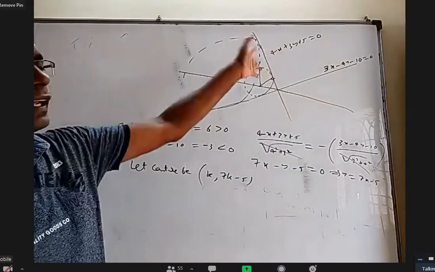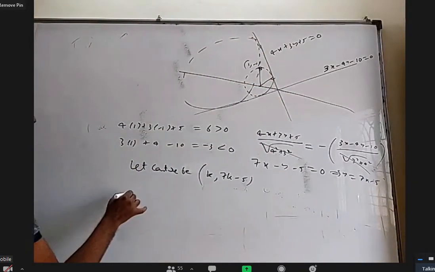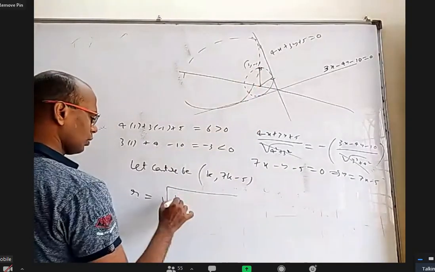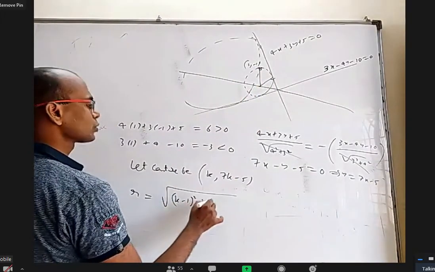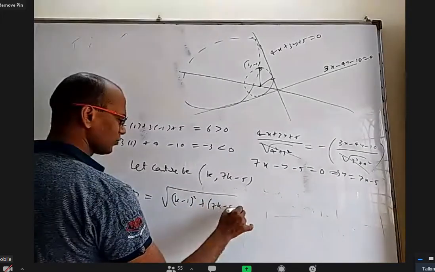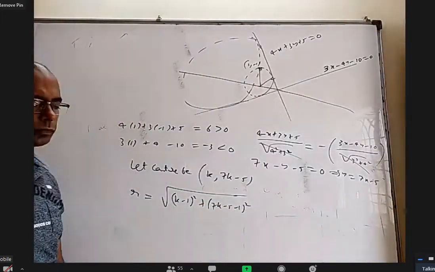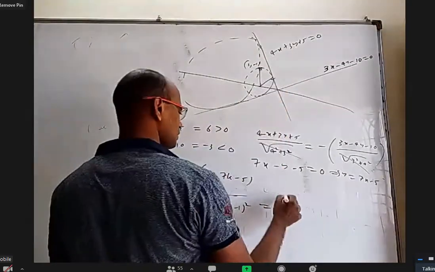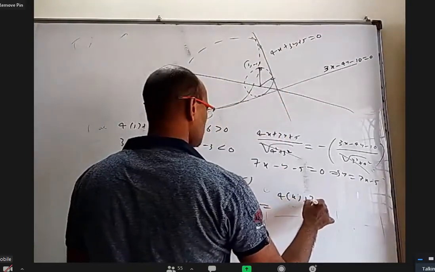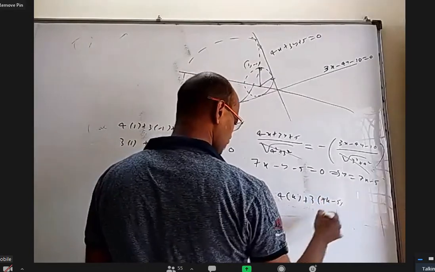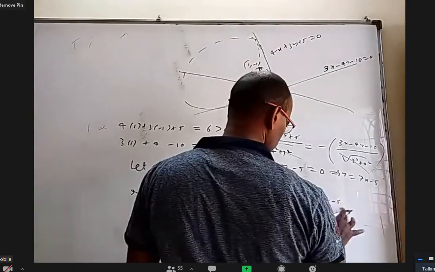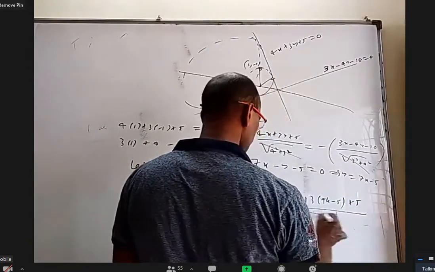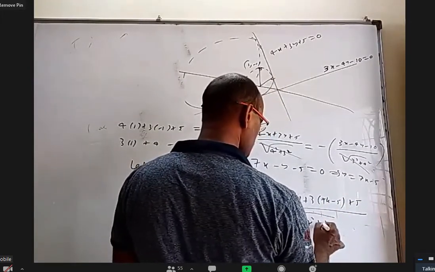You can take any one of the lines. So the radius, one way is from here to here distance, which is square root of (k minus 1) whole square plus (7k minus 5 minus 1) whole square. Equal to, from this point, distance to this line: 4 into k, 3 into (7k minus 5), plus 5, by root of 4 square plus 3 square.